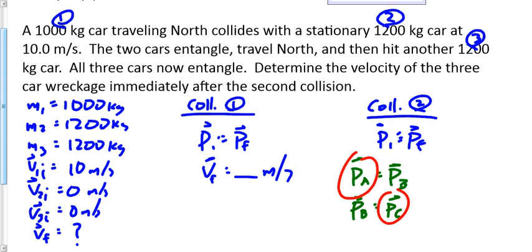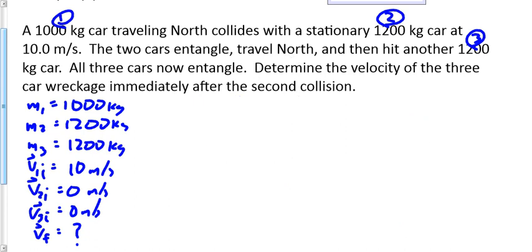I'm going to go back to calling it I and F now, but we're talking initial, the very beginning of the problem, and final, the very end of the problem, and nothing in between. What happens in between doesn't matter.